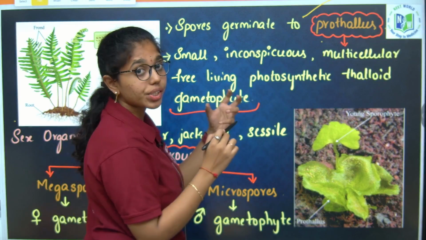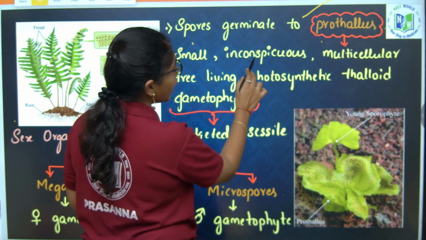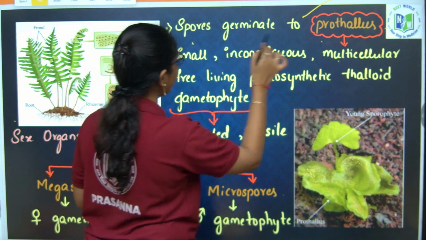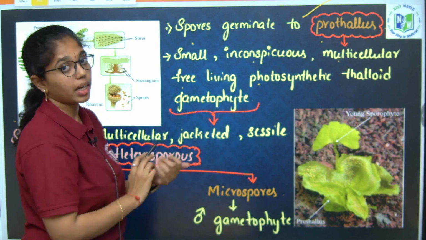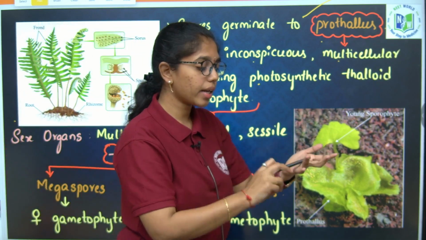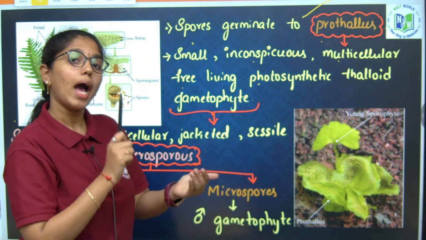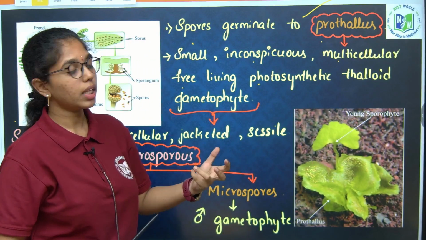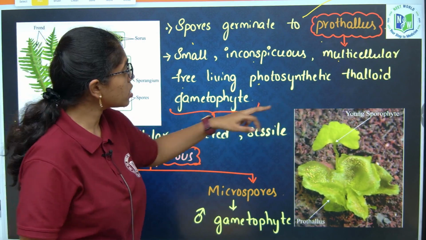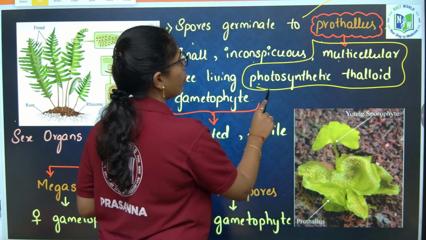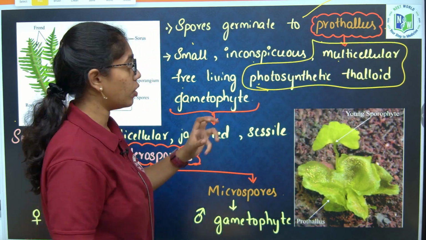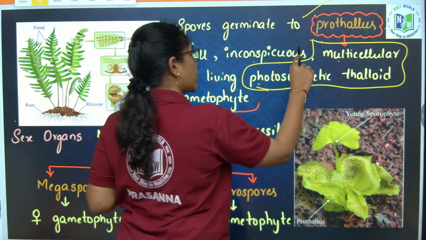Here it is described as a small, inconspicuous, multicellular, free-living photosynthetic thalloid gametophyte. Their protonema is a green creeping filamentous structure, and it is also photosynthetic, free-living. Here it is photosynthetic thalloid multicellular prothallus. Okay, fix it in your mind.